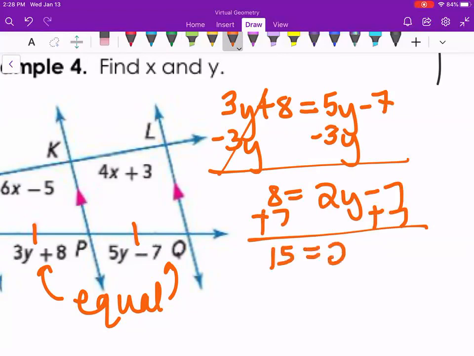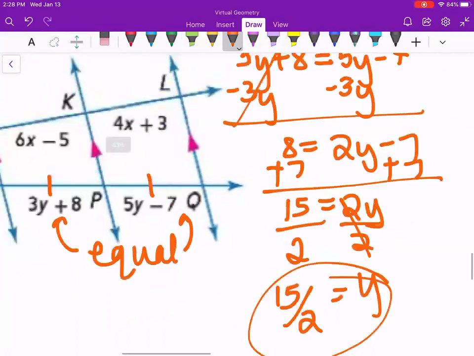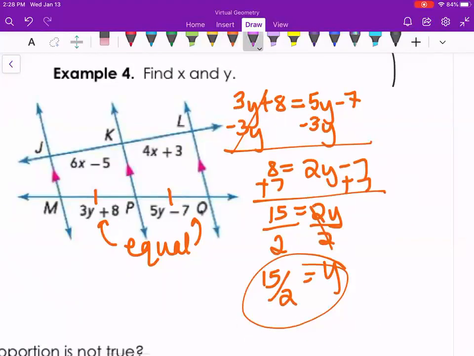So 15 is 2y, divide by 2. And there's my y. I'm just going to leave it as 15 over 2. Now, this theorem says if one line is being cut into equal parts, that automatically means the other is too. So if one side is equal, so is the other.